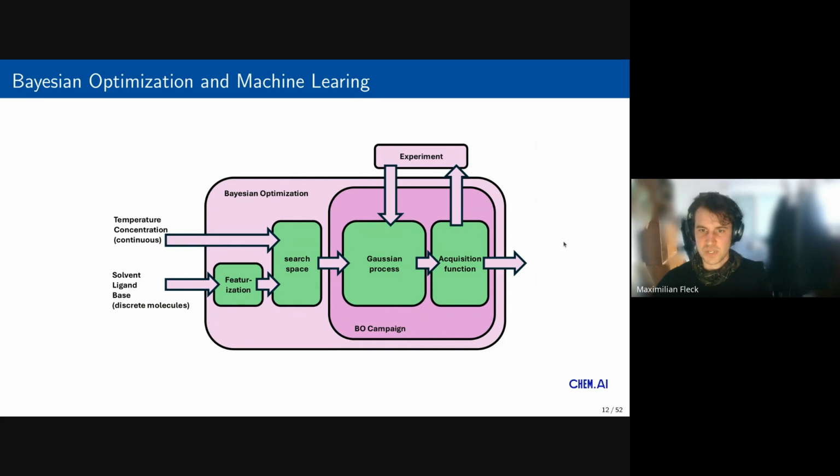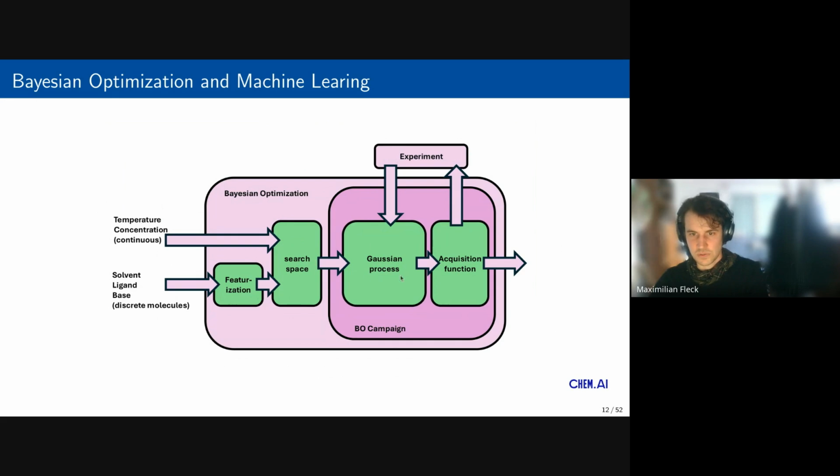Here is another visualization of the Bayesian optimization workflow, to give you a view from another perspective. We see again the continuous variables that can be temperature or concentration, but we also see discrete molecules that need to be featurized, and then everything is combined into the search space.